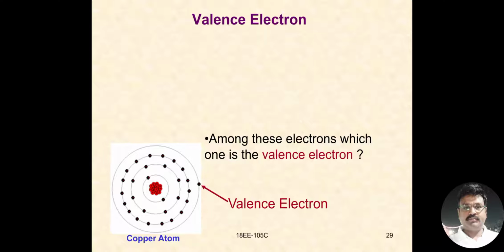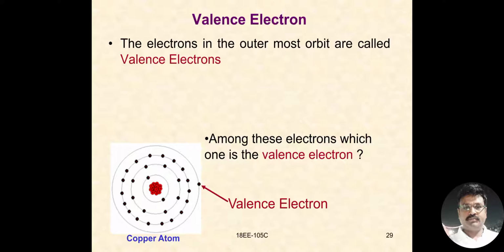It is shown in the figure, valence electron. So by observation we can say that the electron in the outermost orbit is called the valence electron. The electrons in the outermost orbit are called valence electrons.